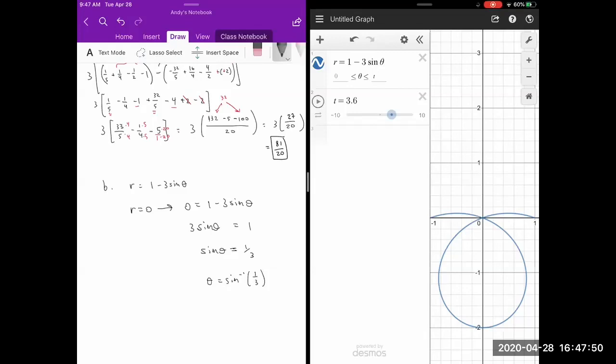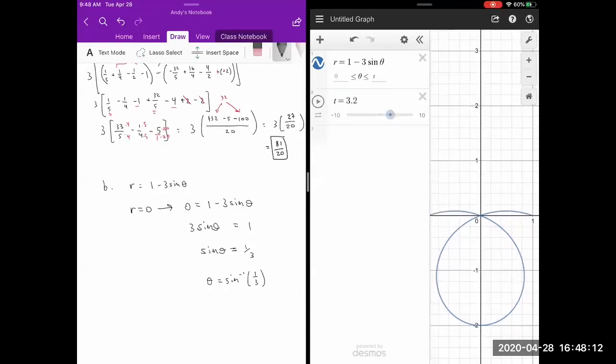Let me think for a second here. Now, the issue I see is that, this is super technical, but the range of sine inverse is negative pi over 2 to pi over 2.